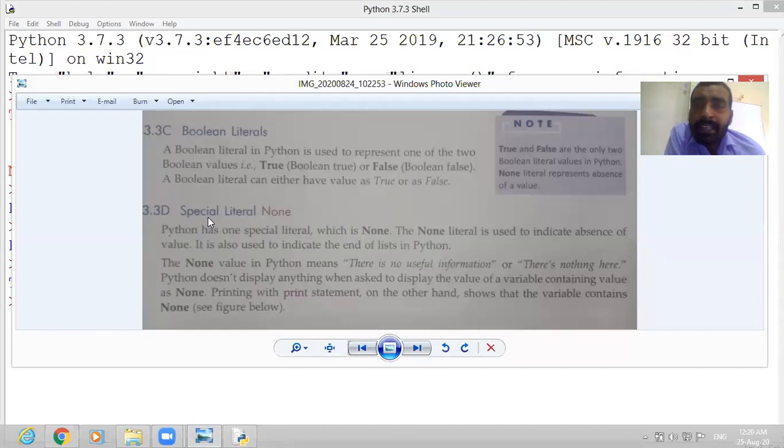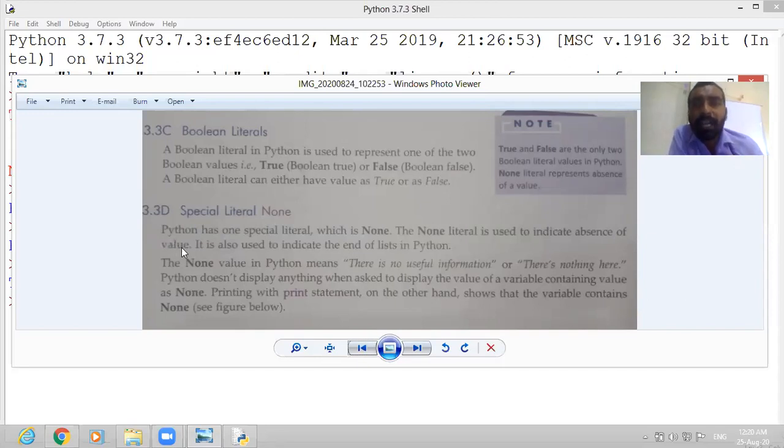Another literal is the special literal None. None means no value. If you don't have any value in a variable or in your data, that can be considered as None. None is also a constant, or you can say a special literal. So Python has one special literal called None. The None literal is used to indicate absence of value.